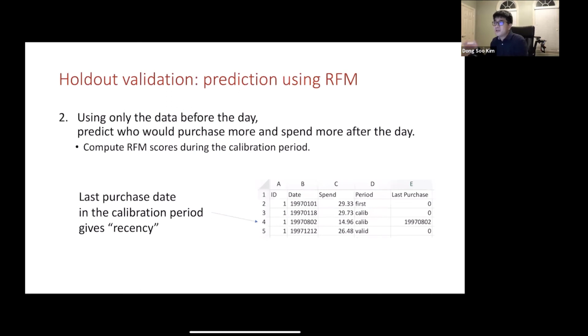In the next step, we make our predictions following the grammar of RFM analysis. To do so, we need to compute RFM scores. As I mentioned, we are using the data in the calibration period only for prediction. So, the recency metric is given by the last purchase date only in the calibration period.